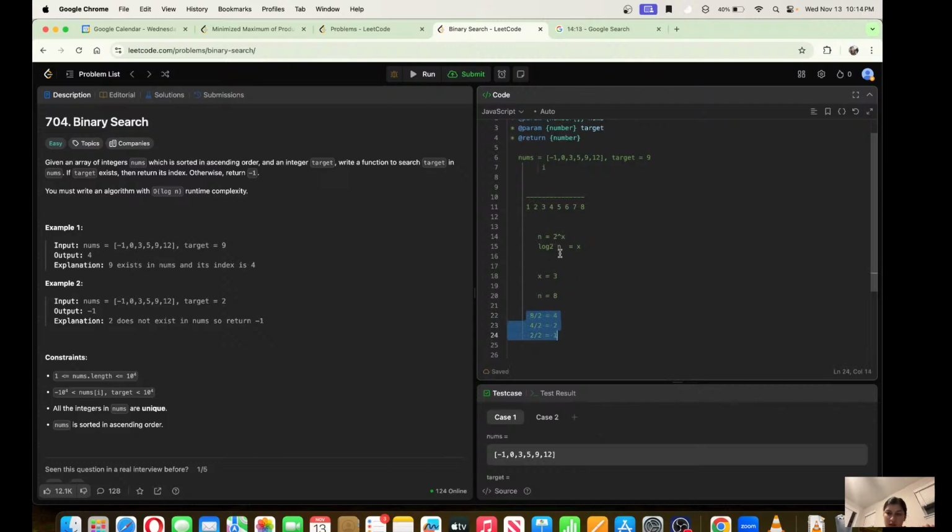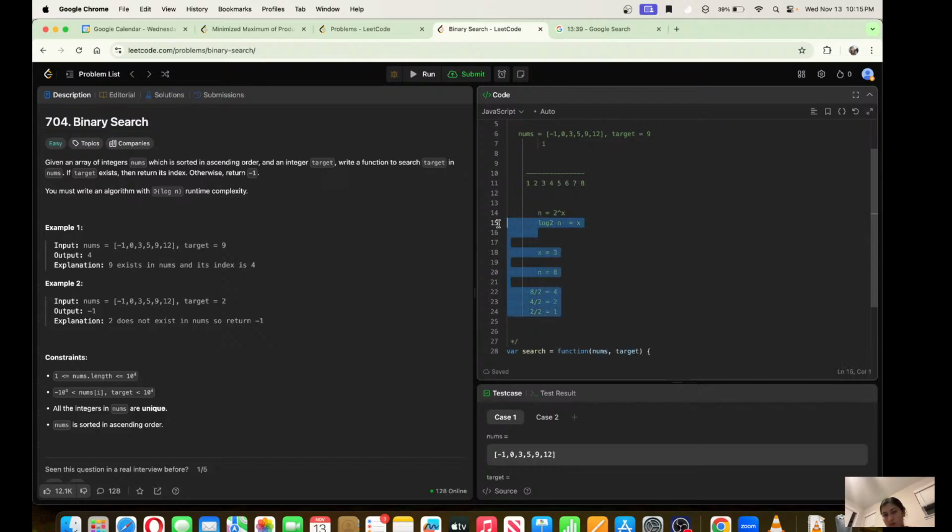This is the opposite of 2 to the power x: instead of multiplying by 2, doubling the number again and again, x times, we are doing divide by 2, divide by 2, x times. That's what log means. Okay.